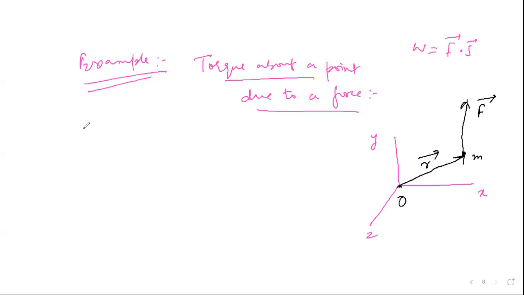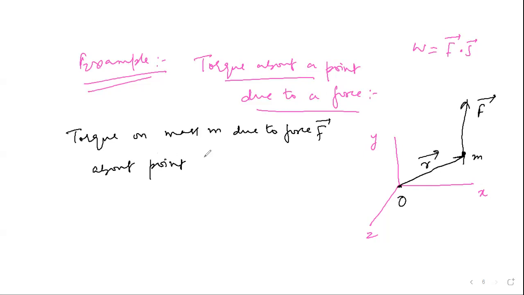Then by definition, the torque on mass m due to force F about point O is denoted by tau.